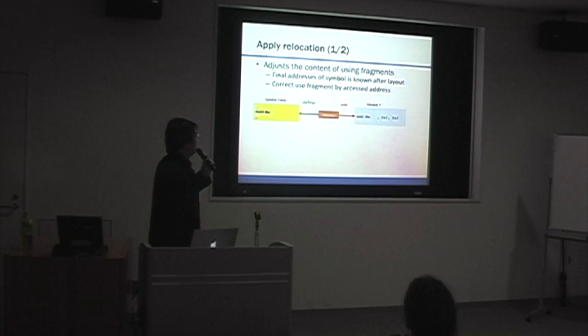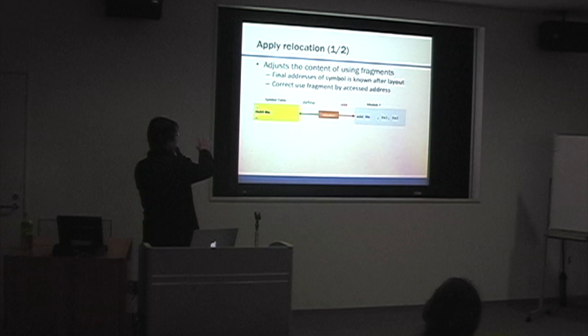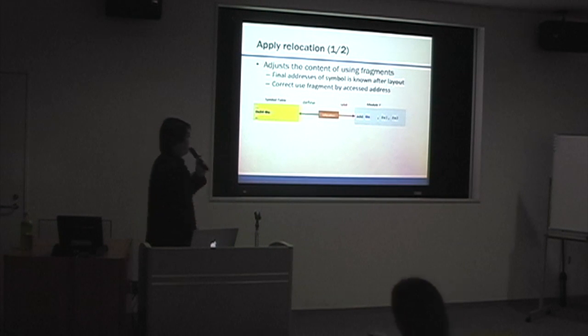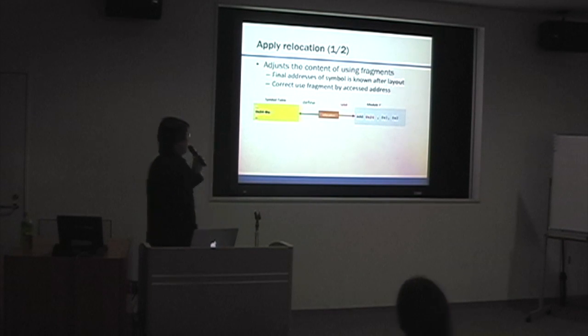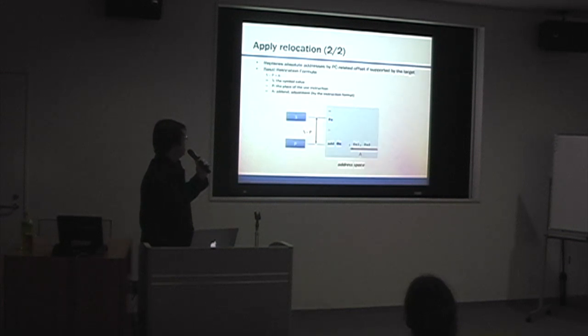Take this for example. If module Y uses the variable A, there will be a relocation between the used fragment and the defined fragment. Apply relocation tries to adjust the content of module Y to the target symbol address, and then just remove the relocation.